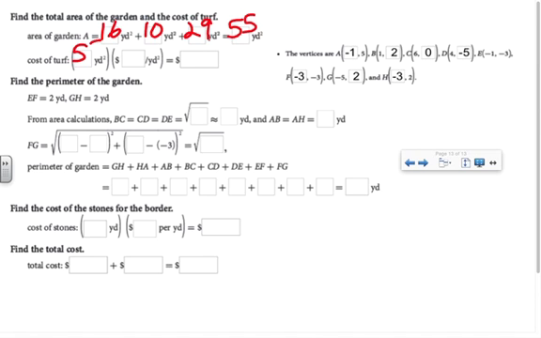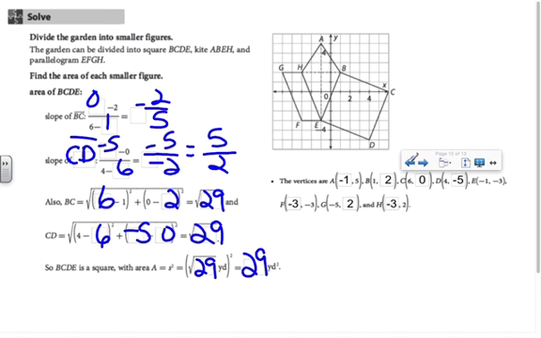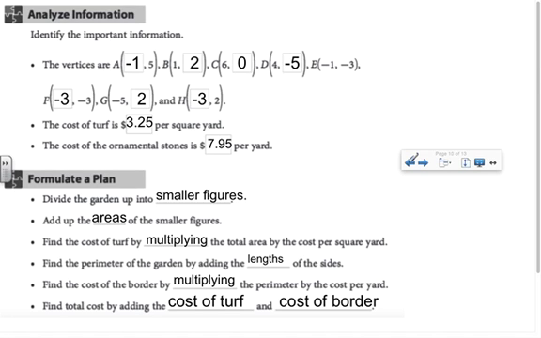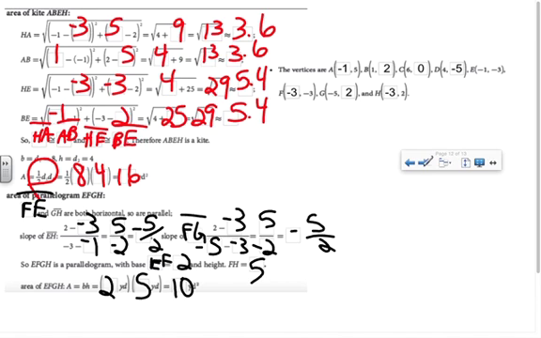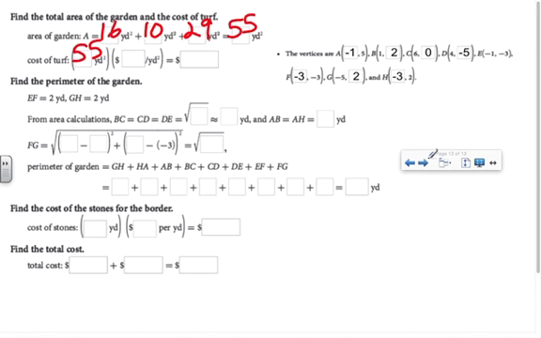So I take that, I multiply it by the cost per square yard, which was $3.25. And 55 times 3.25 is $178.75. So that's the cost of the turf.